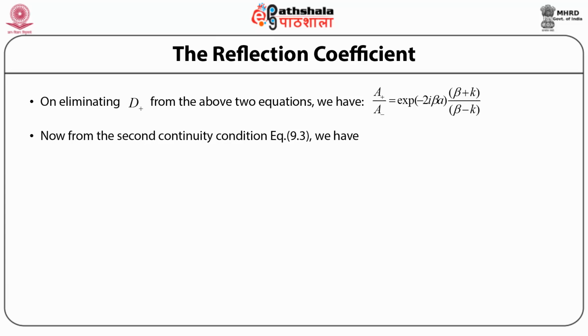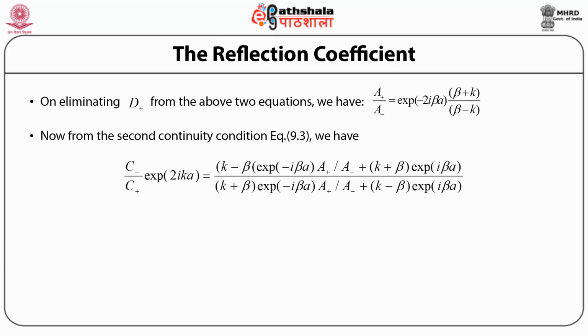Now, from the second continuity equation given in equation 3, we have c minus by c plus times e^(2ika) is equal to [(k minus beta) e^(−iβa) (a plus/a minus) plus (k plus beta) e^(iβa)] divided by [(k plus beta) e^(−iβa) (a plus/a minus) plus (k minus beta) e^(iβa)].